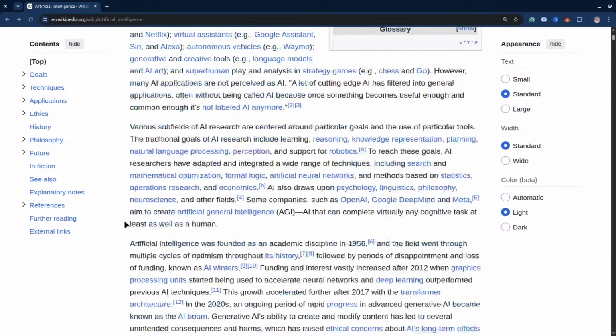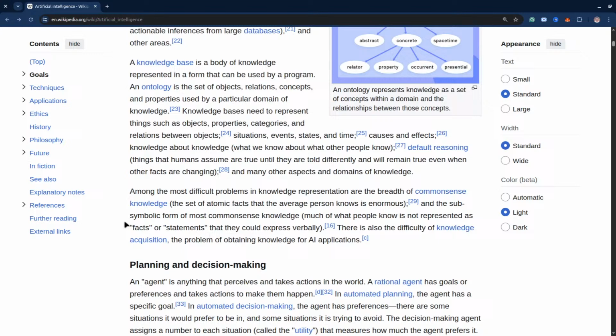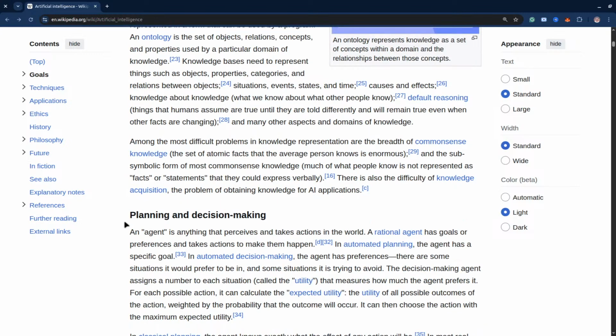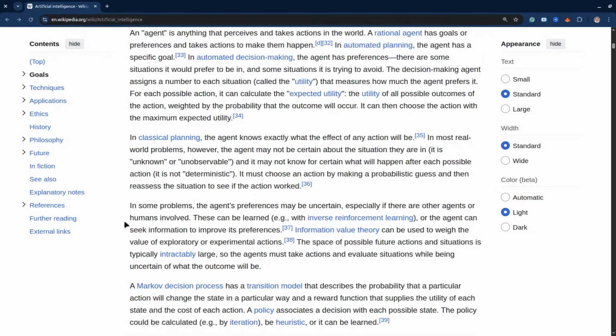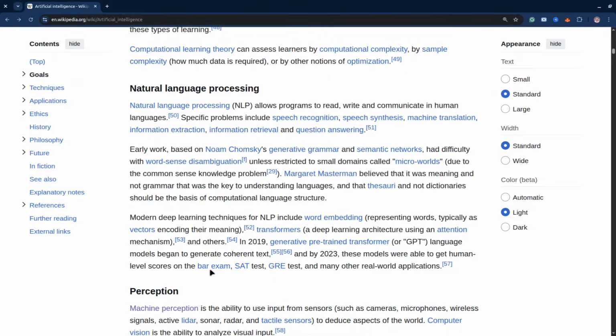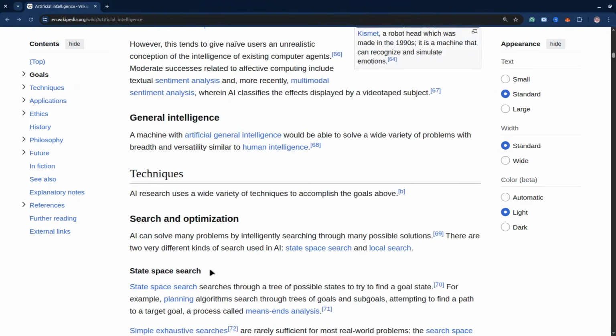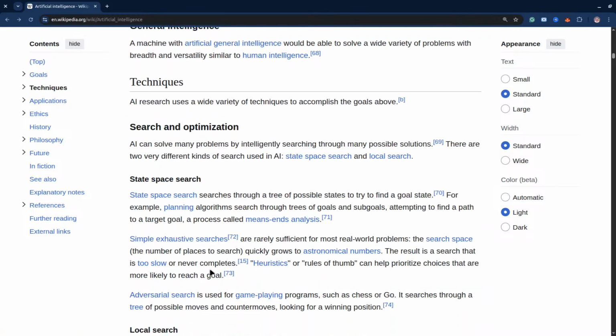If you go down, you're going to see the different ways artificial intelligence acts, from learning and all of that. As we continue, you're going to see. We're going to have a look at the history down here.